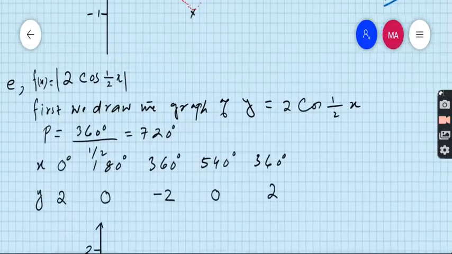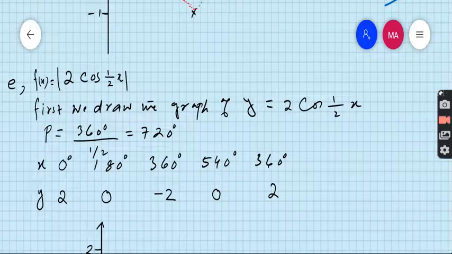Come to part E. Part E is f(x) equals 2 cos 1 upon 2x. First we draw the graph of y equals 2 cos 1 upon 2x without the absolute value. Write the period. Period is 360 degrees upon 1 upon 2. It should be 720 degrees.